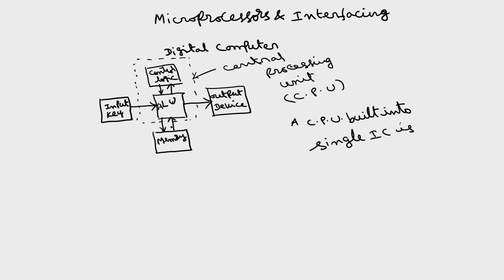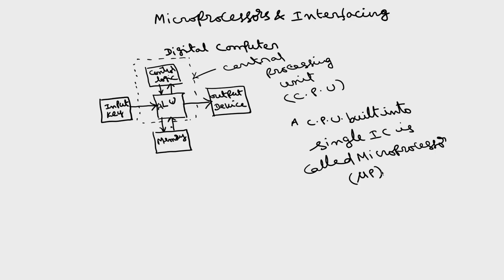Normally I will call the microprocessor µP, because µ is the symbol for micro and P is processor. So, what is the generation of these microprocessors?